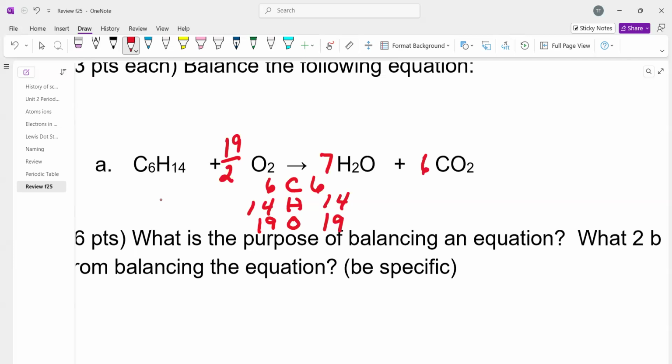Okay, so it's balanced. Are we going to leave it this way? No. Why not? We needed 19 oxygens and they come by twos. So how do you get 19 oxygens if they come in pairs?